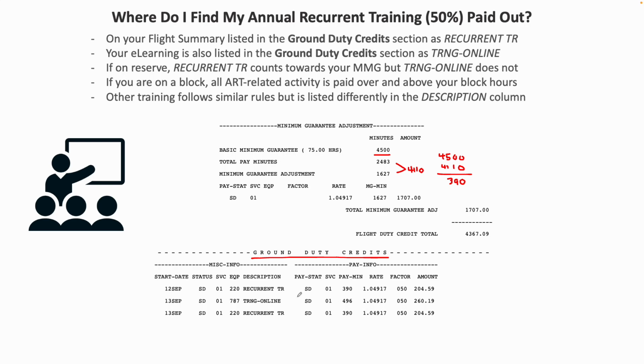So you can't get paid for annual recurrent training and also get those same minutes paid out in your MMG top up. We have 2 activities for ART that do count towards MMG, and both of these count for 390 minutes. 390.